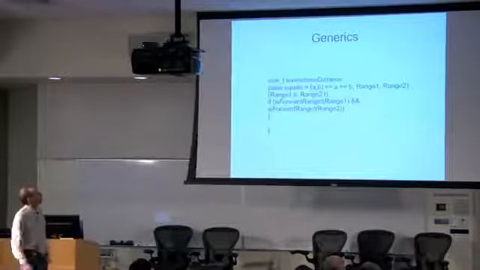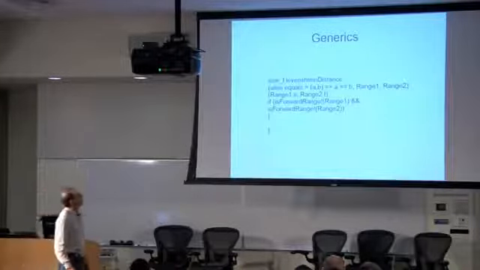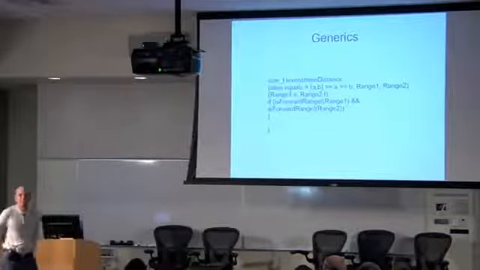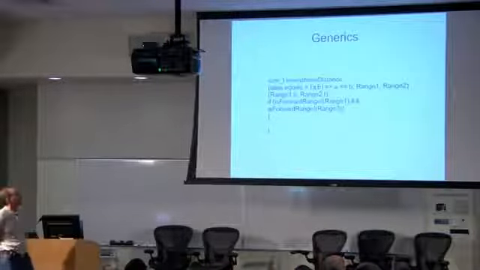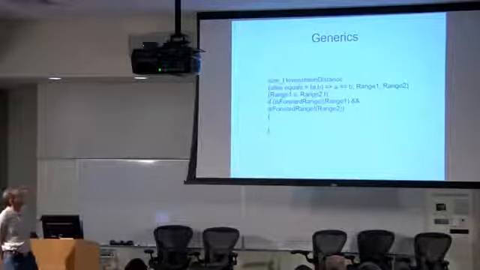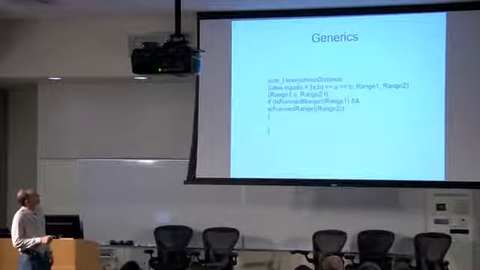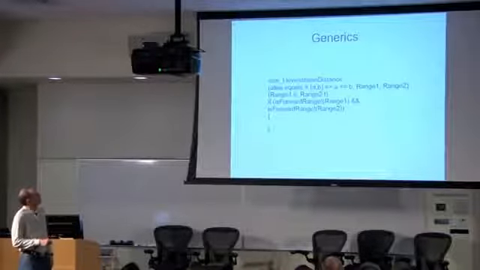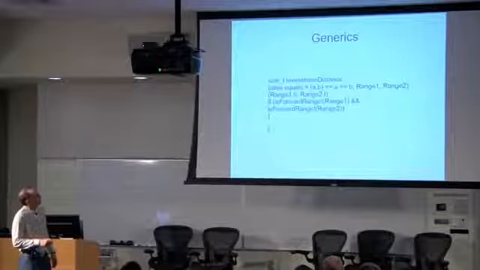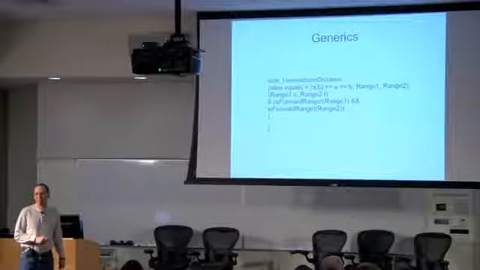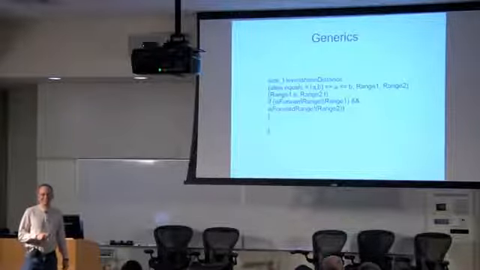So moving on, generics. This is a little piece of code that Andrei wrote for the standard library in D. It computes the Levenshtein distance, and it returns the difference between the two ranges. And you're passing in a range. Who doesn't know what a range is? Oh, one person?